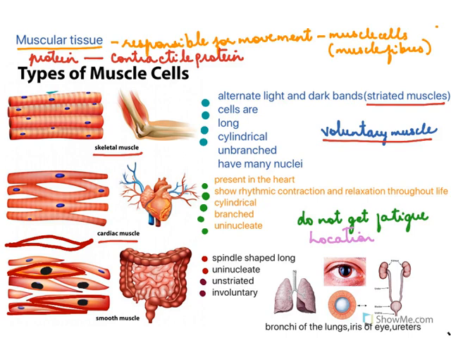Then we went to the smooth muscles. They are called the smooth muscles, or the unstriated muscles, because they had no striations. They had no light and dark bands. They were involuntary. And why involuntary? They're not in the control of our will. And we saw where they were present. They were present in the bronchi of the lungs, in the iris of the eye, and the ureters in our excretory system.